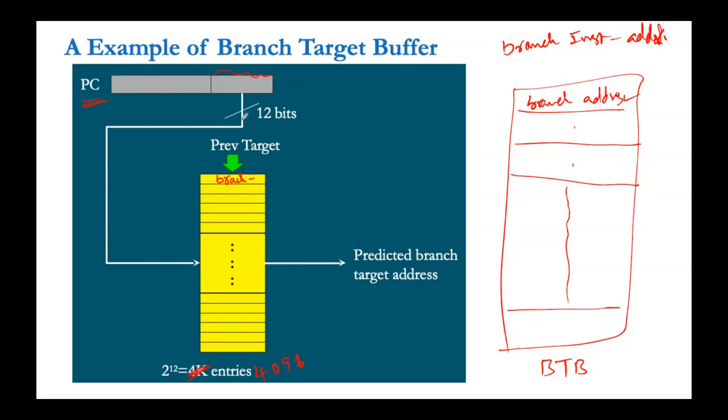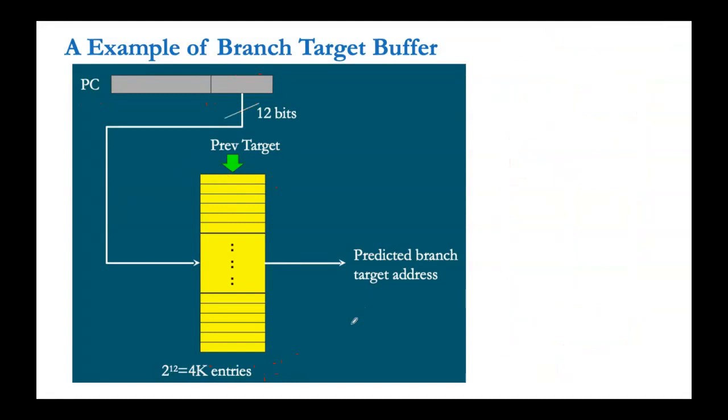Whatever value comes out gives the entry of this array, and from there it will check the previously calculated target for this branch, so it can predict the branch target address, whether the same address or a different address will be taken.